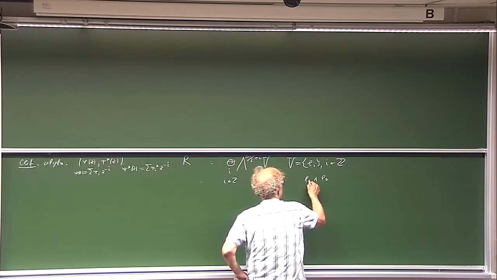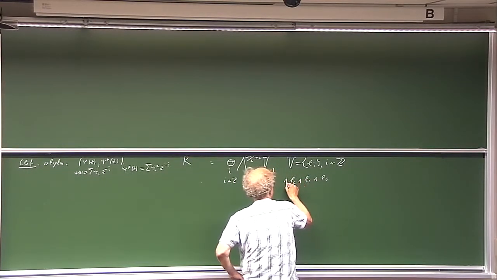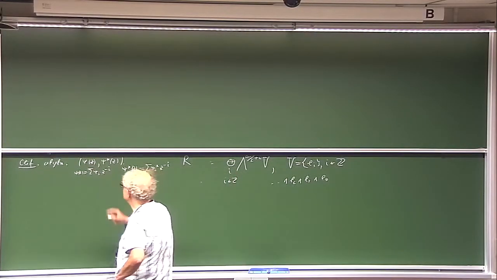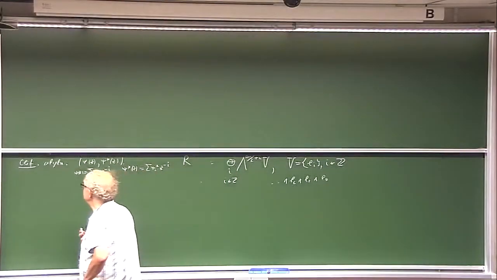A typical example is this. There we have an action of this and that, and this I explained.